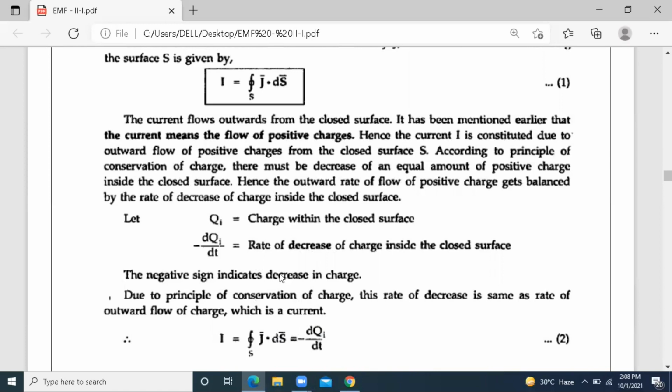This equation is what all of this says. Charge decrease within the closed surface equals the current that flows out.